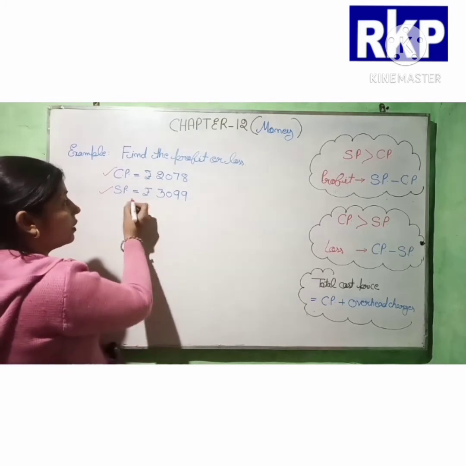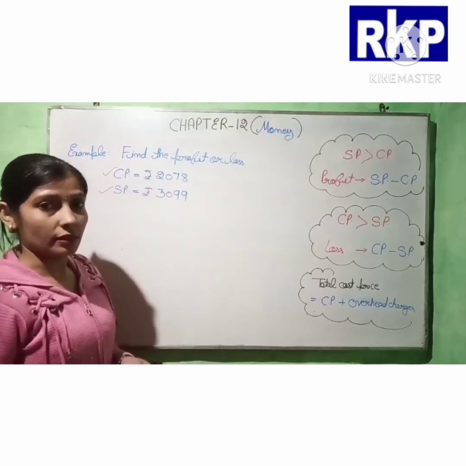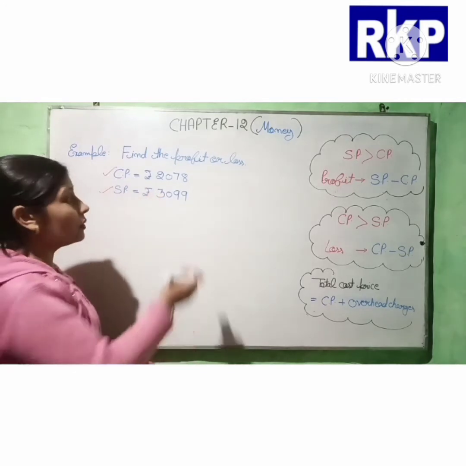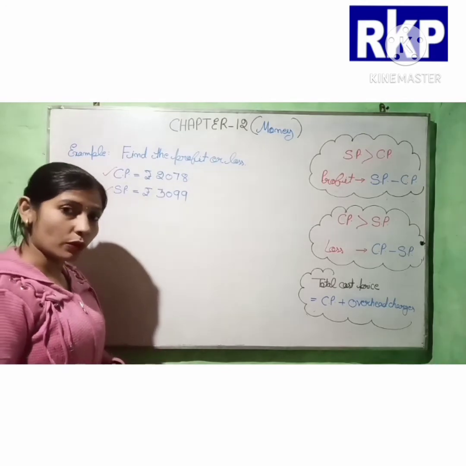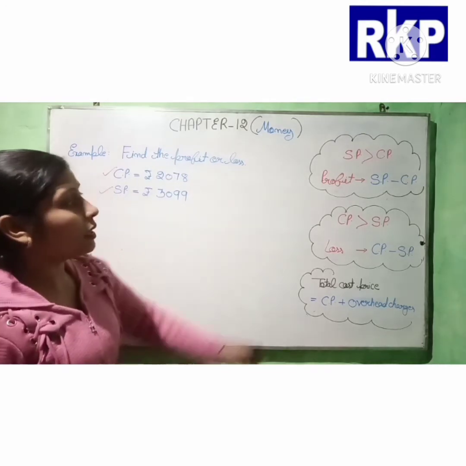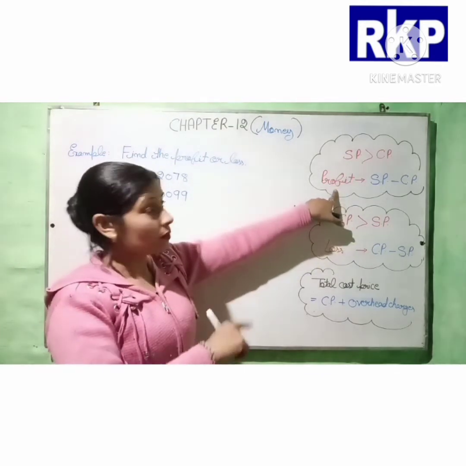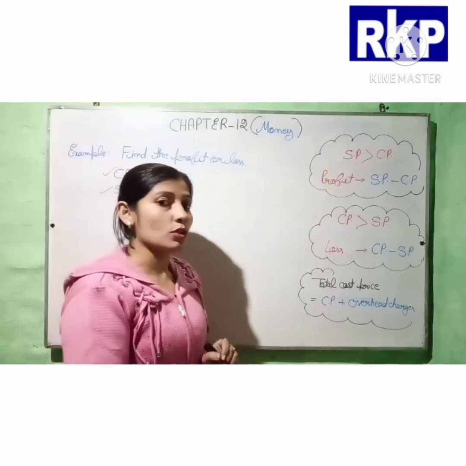So first of all, we have to check which value is greater. Here you can see selling price is greater than the cost price. So will there be loss or profit? Yes, there will be profit, because in the case of profit, selling price will be greater than the cost price.